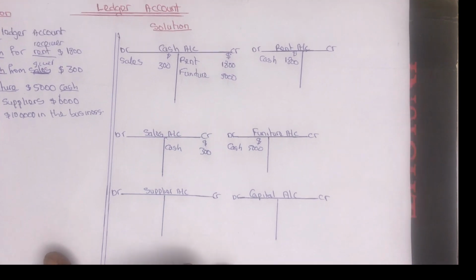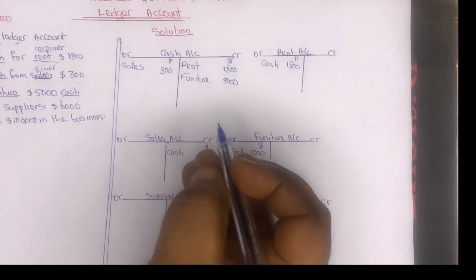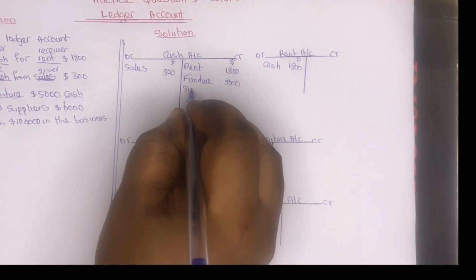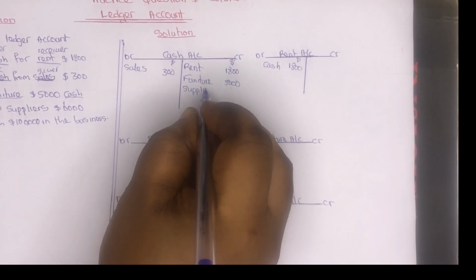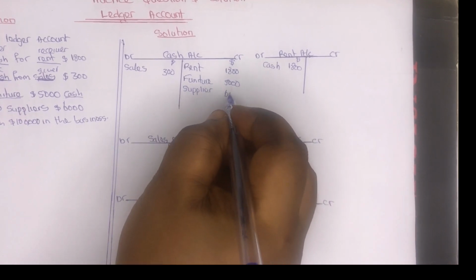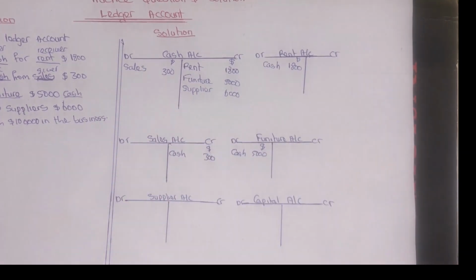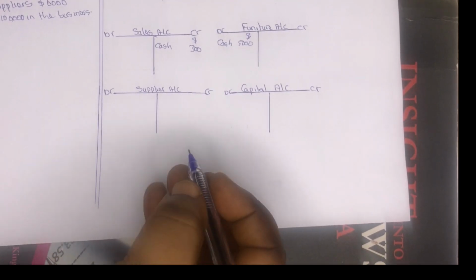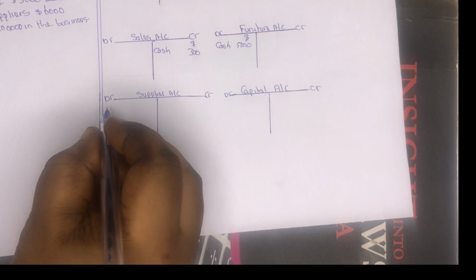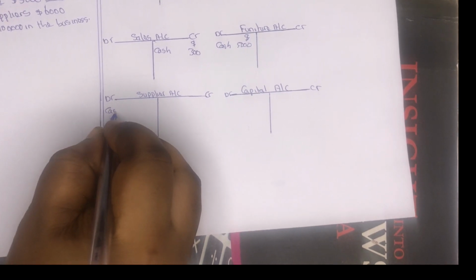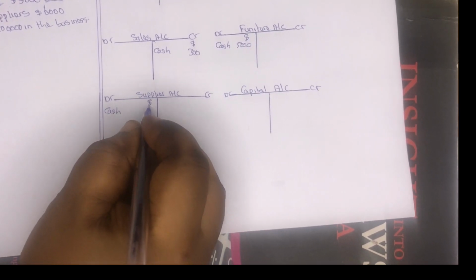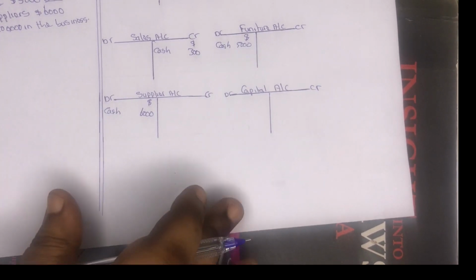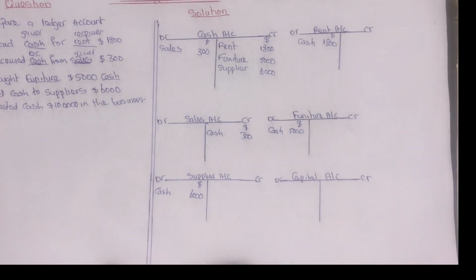So we credit the giver, which is cash, and the description is supplier, $6,000. And the supplier is receiving, so we debit the receiver. So we have cash here, $6,000. So that is it for that transaction.